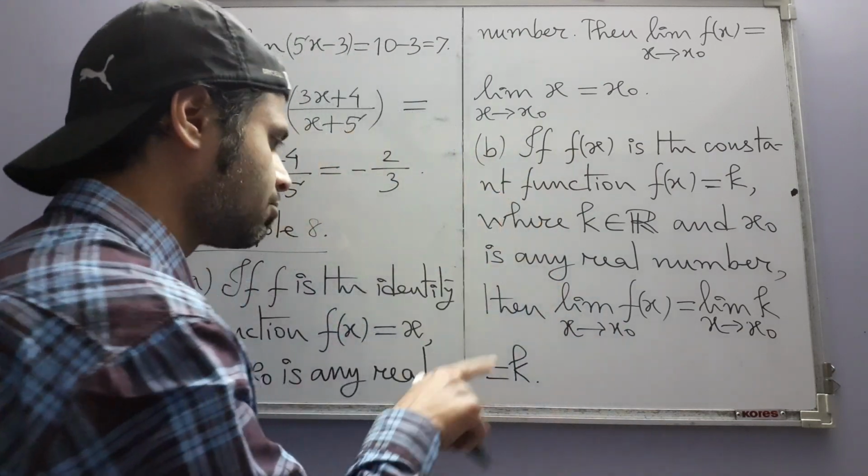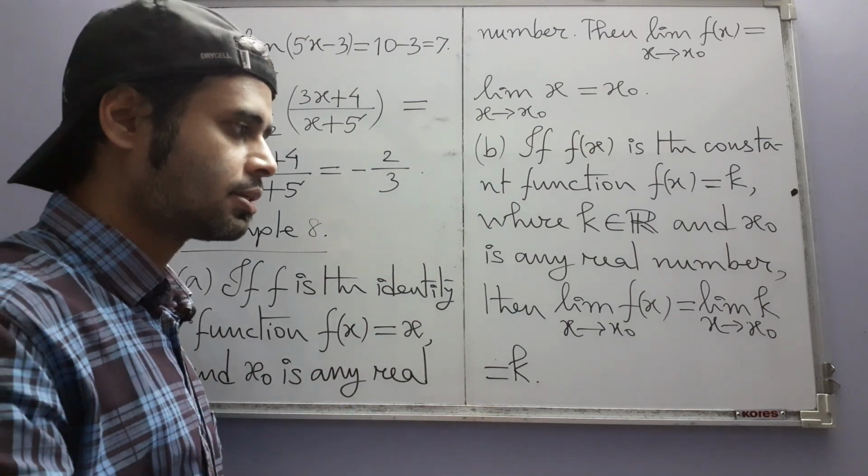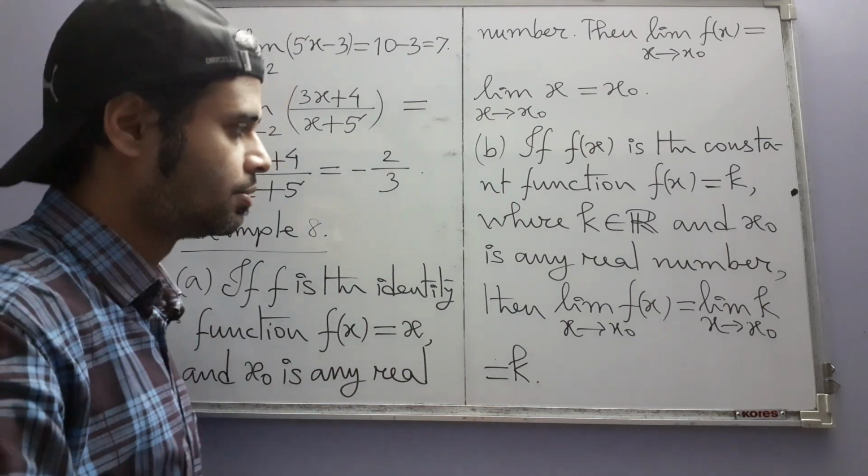And that is the first one: limit of 4 as x tends to 2 is 4, and also limit of 4 as x tends to minus 13 is also 4.